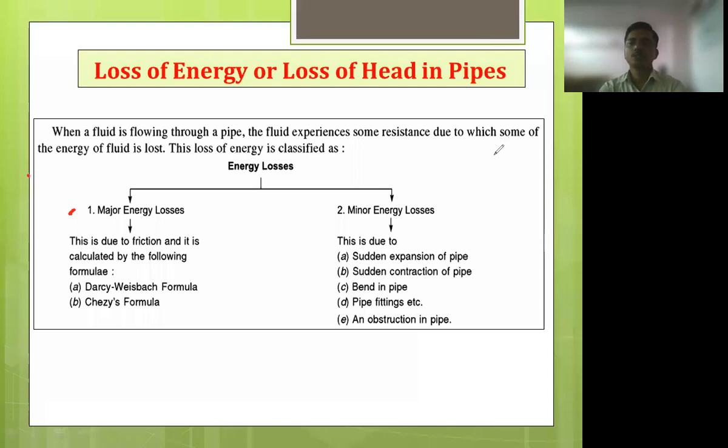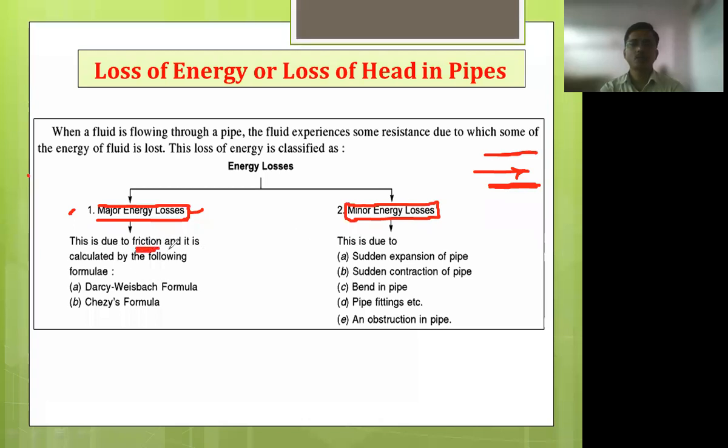There are two types of losses that take place through the pipe. When the liquid flows through the pipe, at that time there are losses which take place there. That can be classified into two categories. First one is called the major loss. And second one is called the minor losses. What is the major loss? The loss which takes place due to friction.